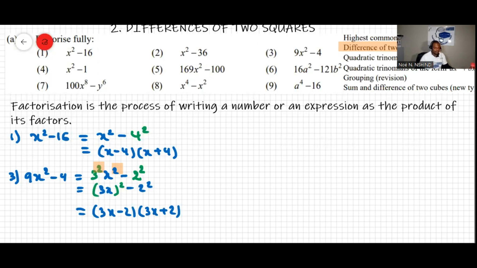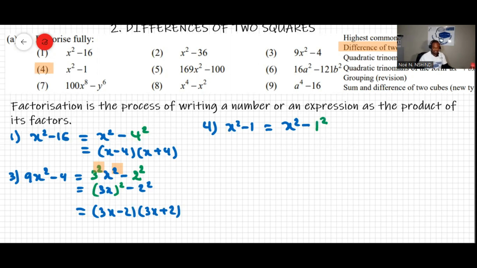Let's take another example, question 4. Here we have x squared minus 1. As I said, x squared is a squared variable, so it's still x squared there. And then 1 is also a square because it is the square of 1, so it's like 1 squared.